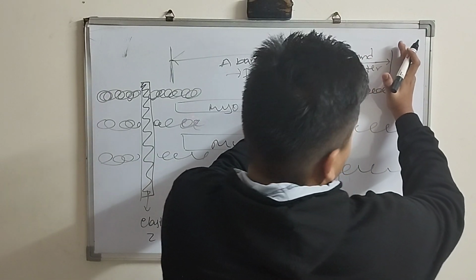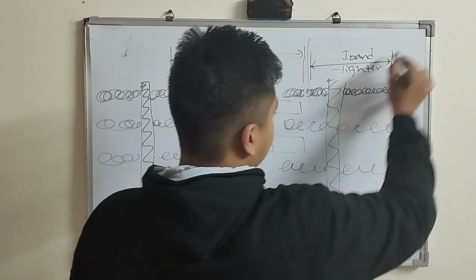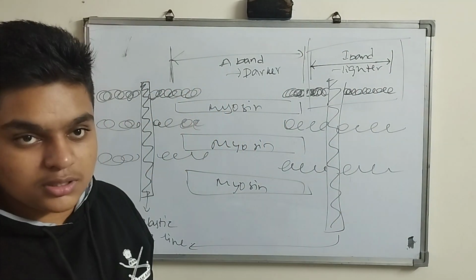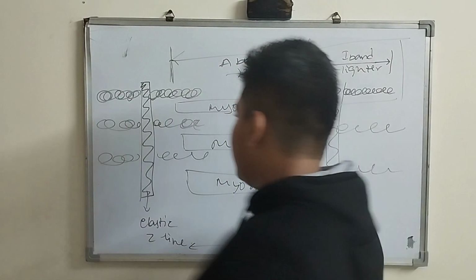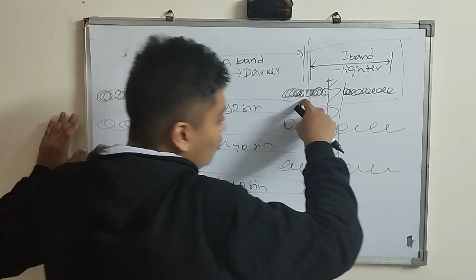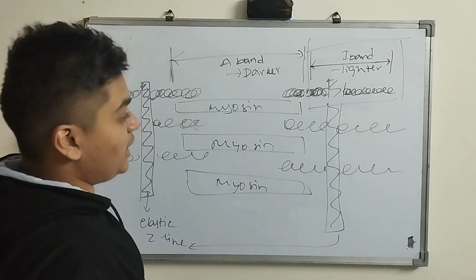This part is your I band, the whole length of the actin filaments, from here to here. The middle line dividing the I band is your Z line. The part covering only the actin filament is your I band, so that is why it appears lighter.